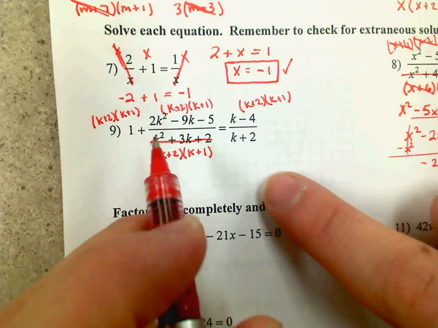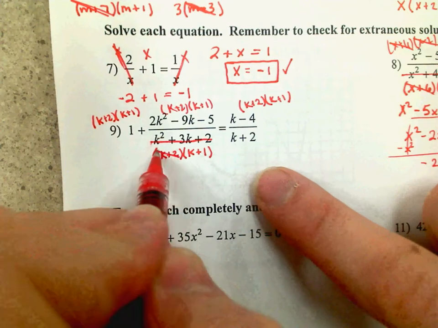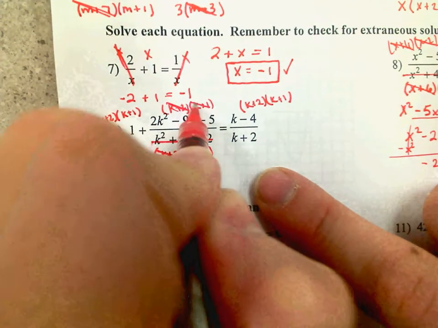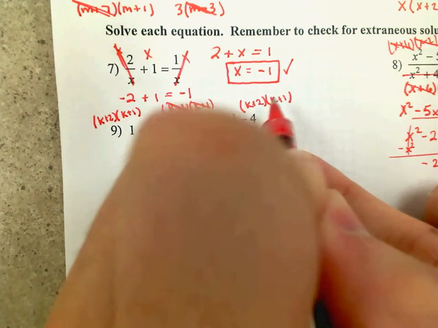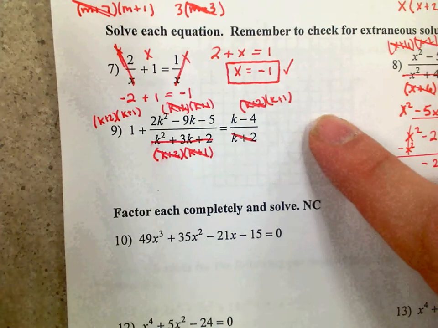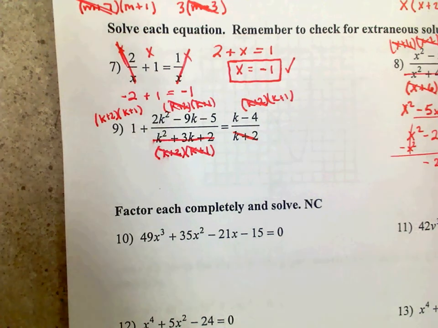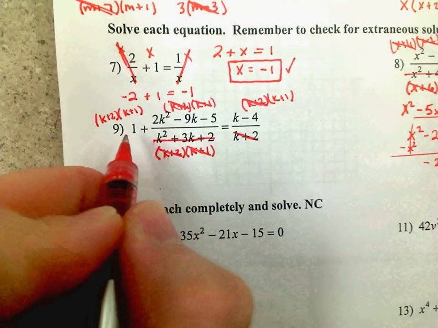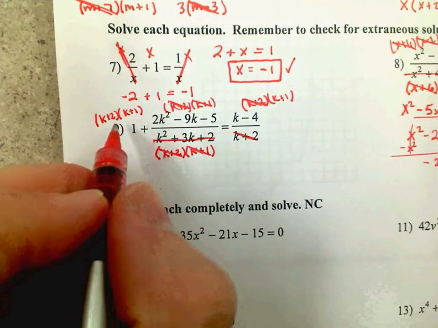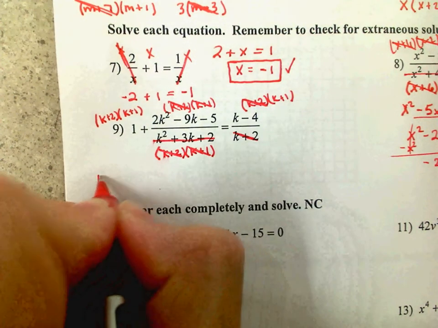And the k plus 2's cancel on the far right. So we are left with k plus 2 times k plus 1 times 1, which is really just k plus 2 times k plus 1. That would be k squared plus 1k plus 2k. That would be plus 3k plus 2.